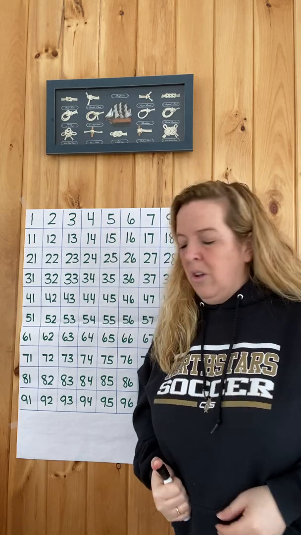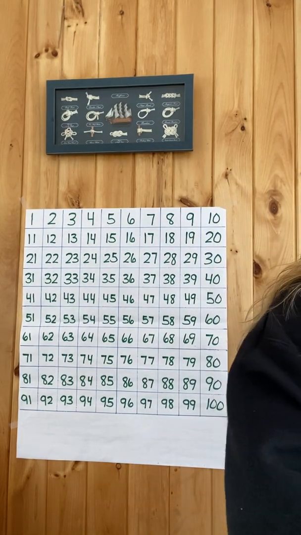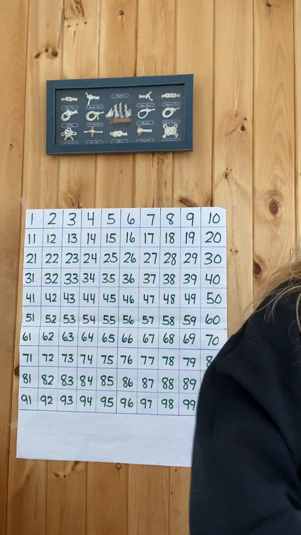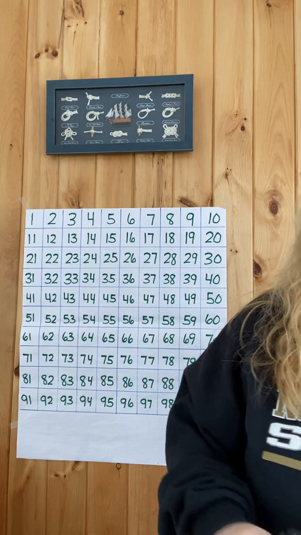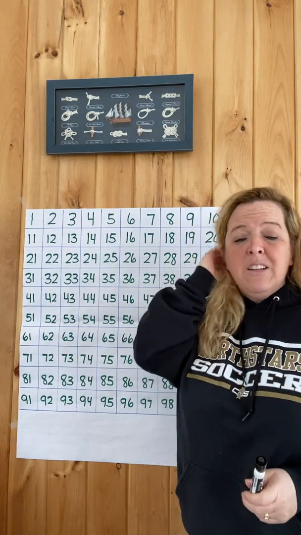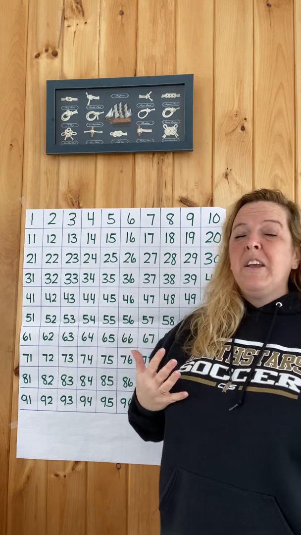All right, now we have, remember in our math series, open-ended questions. And I love open-ended questions the most because that's where you can come up with lots of different correct answers.